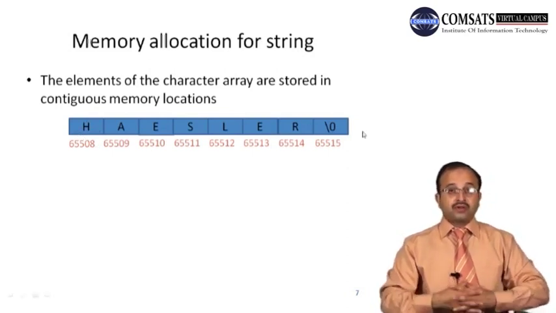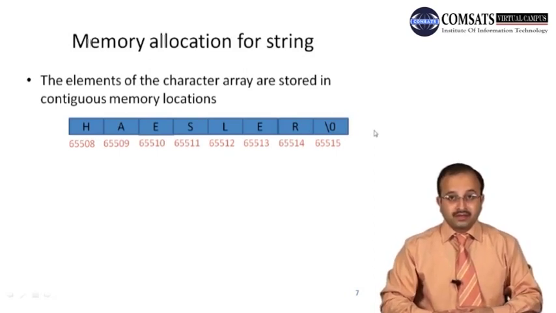A string can also contain digits, but these digits are not integers, they are characters from the character set of C, and that is part of a string that takes only 1 byte of memory, not 4 bytes, right?